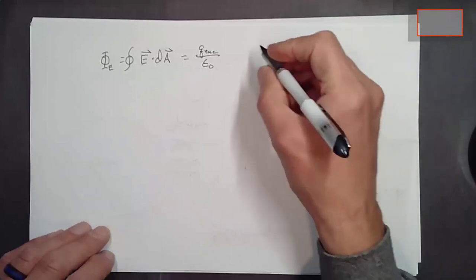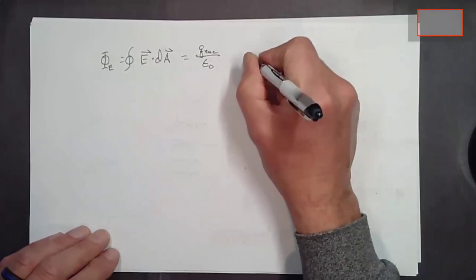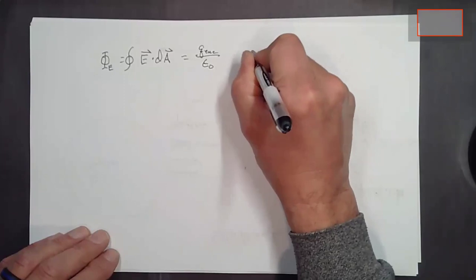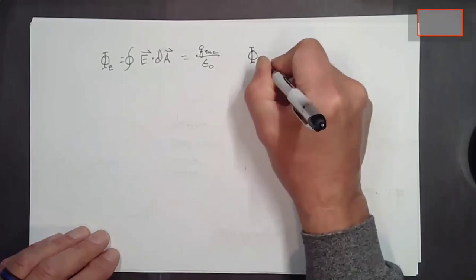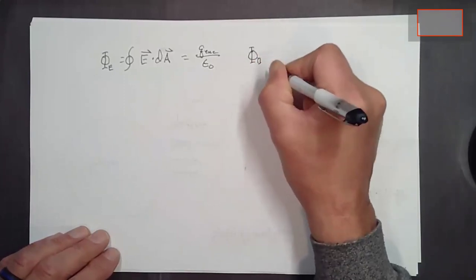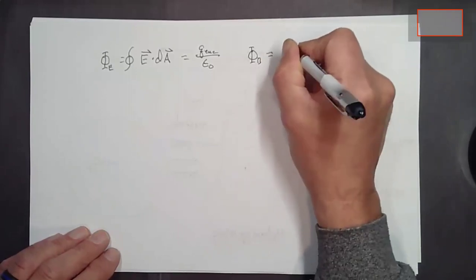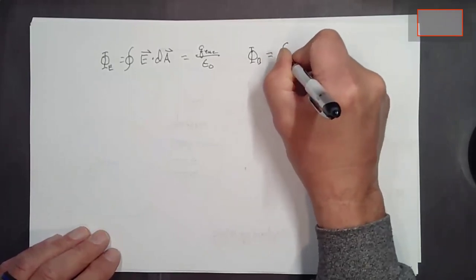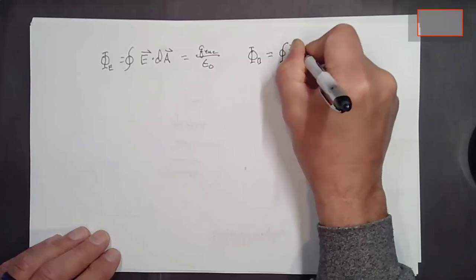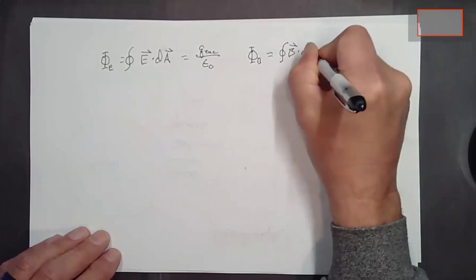The mathematical version for magnetism, Gauss's law for magnetism, has a phi sub B, the flux of the magnetic field, and it would be the integral of B dot dA.